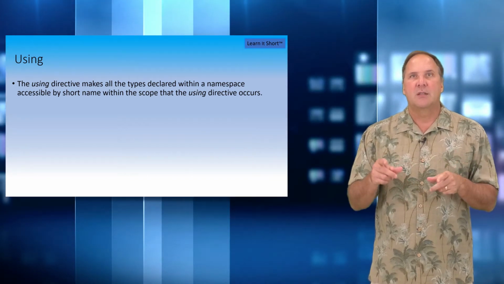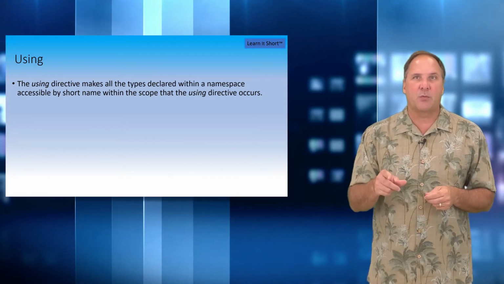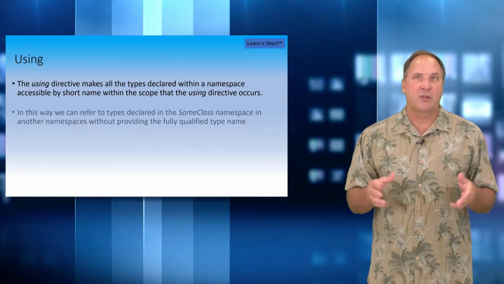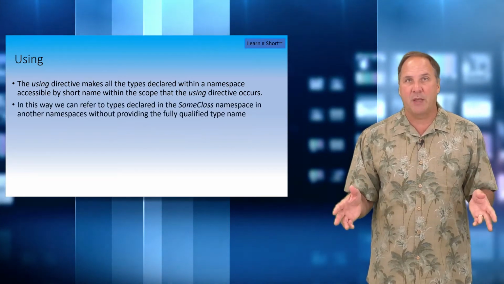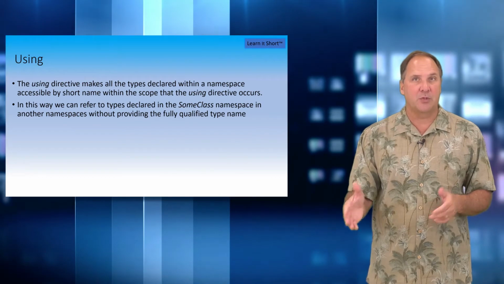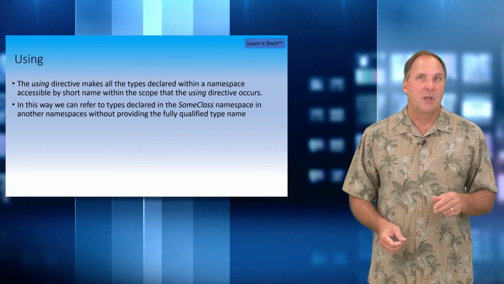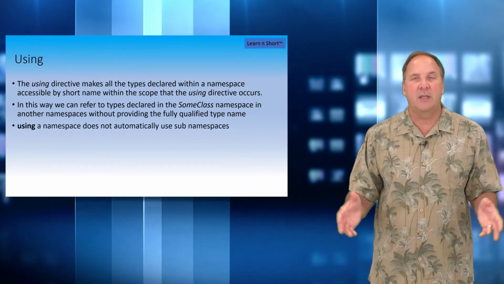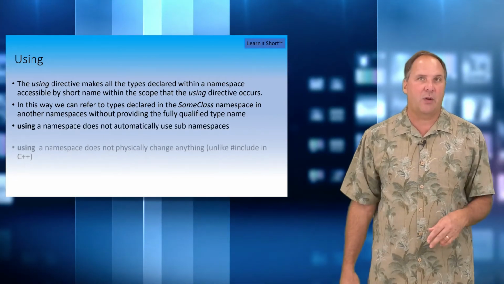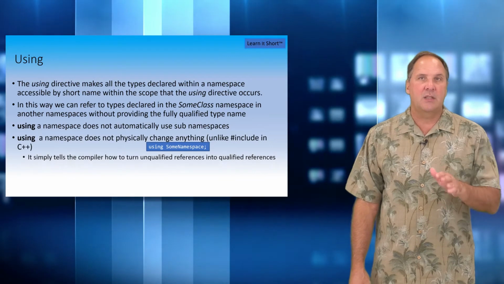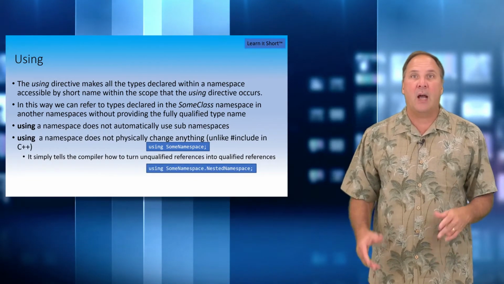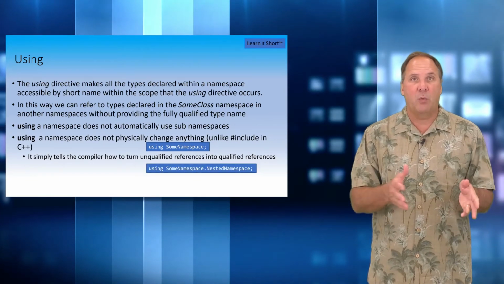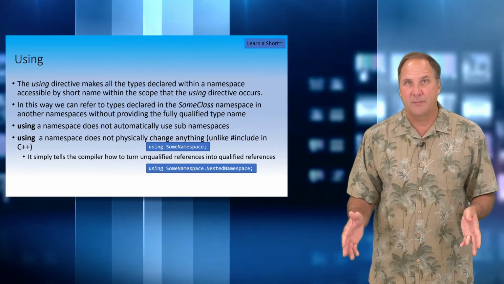So using some namespace allows us to reference all the classes that are defined within that namespace by their simple names, their short names. Using doesn't change the size of your program or the speed or have any other impact on our application. It simply tells the compiler how to resolve symbols that we reference within our code.